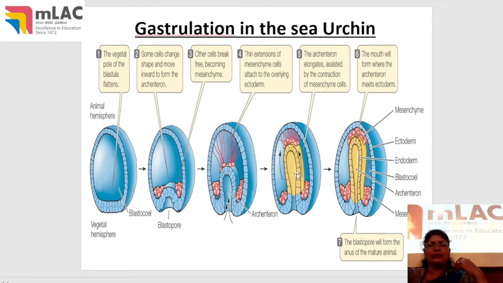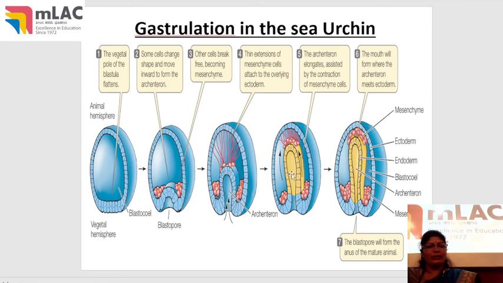Here you can see in the third picture, it elongates and also opens to the exterior through the blastopore. When it elongates, the filopodia become shorter and shorter. Finally the filopodia disappear, and the secondary mesenchyma cells adhere to the animal pole cells.